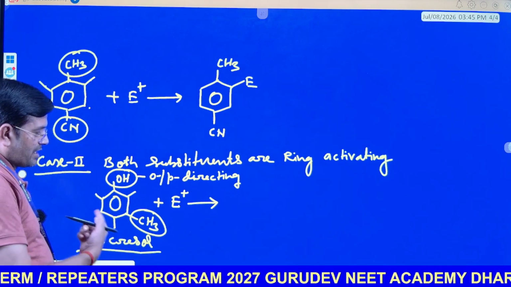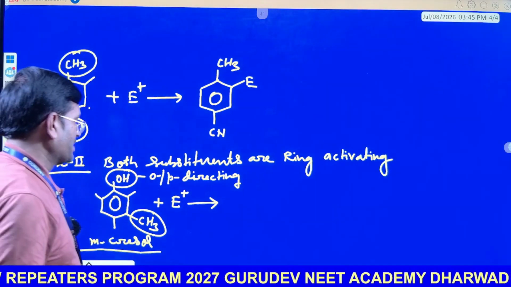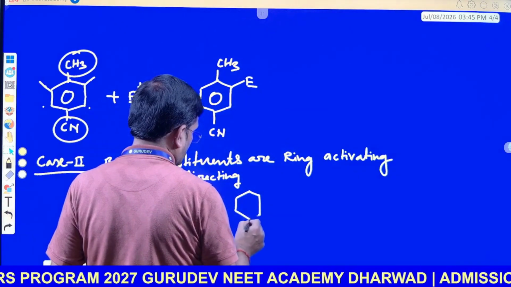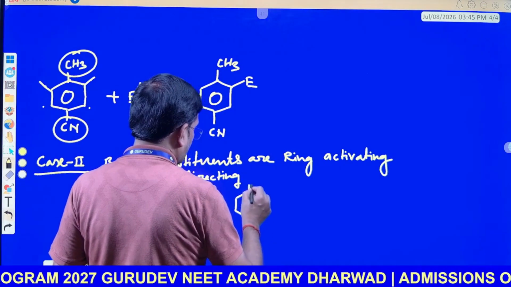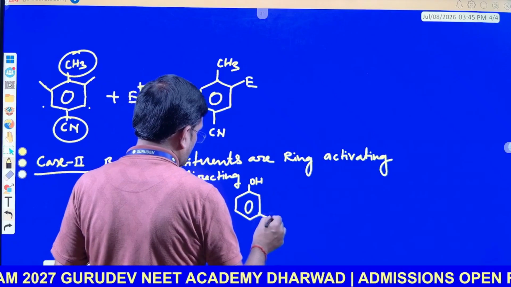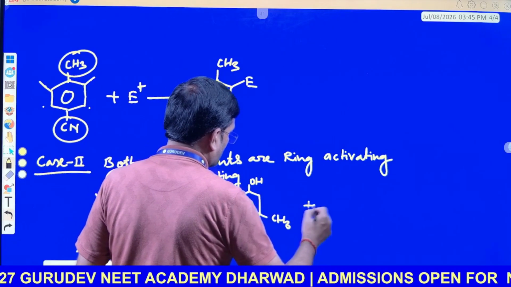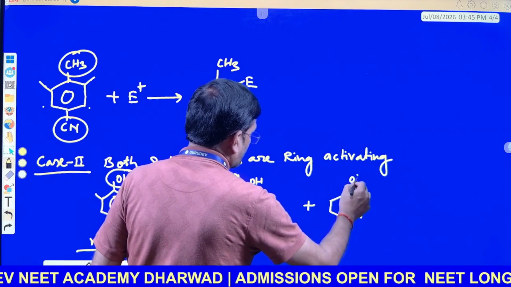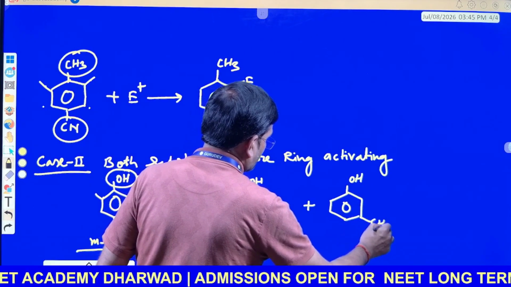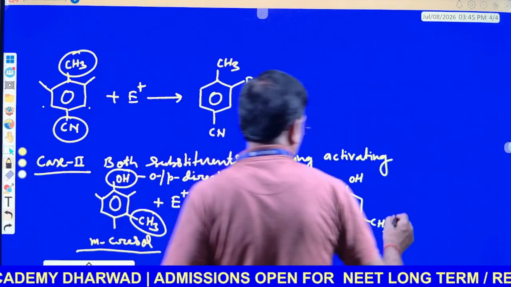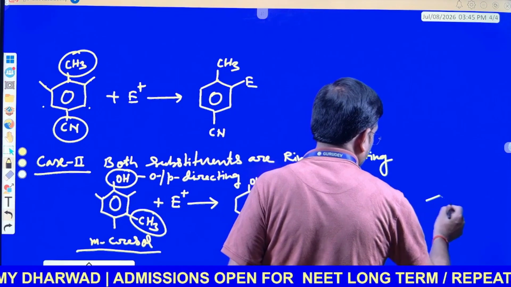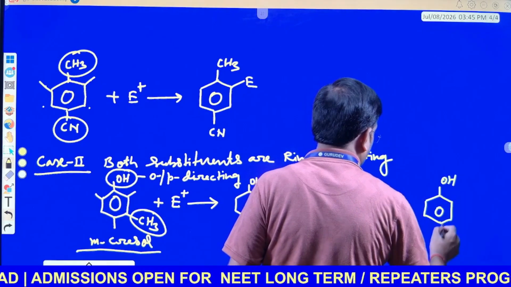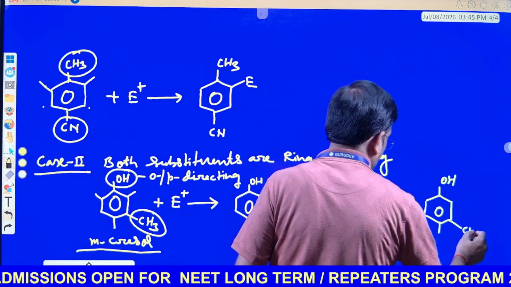So again in this case 3 products will be there. This is OH, this is CH3, plus this is OH, this is CH3, plus one more OH and CH3.